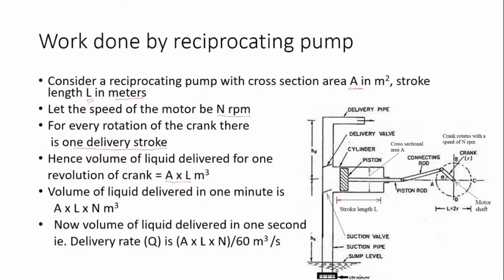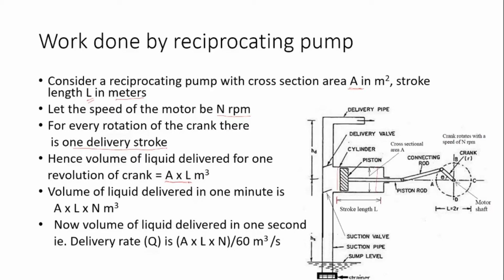This is the total volume inside the cylinder. Stroke into cross-sectional area, so that much liquid will be pushed through the delivery valve for one revolution. So the liquid delivered into the delivery pipe is capital A into capital L meter cube.